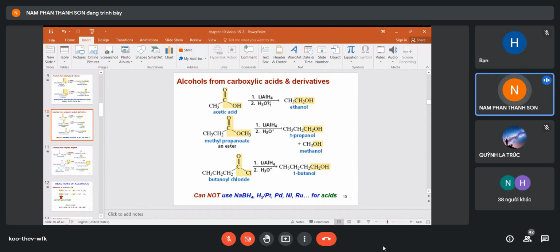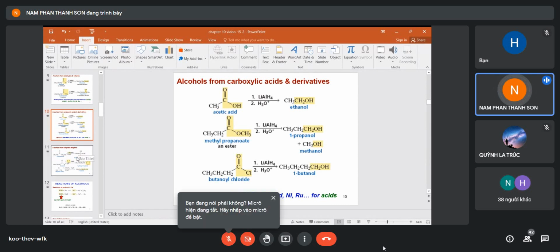Do not use NaBH4 or hydrogen for these compounds. I say again, do not use sodium borohydride or hydrogen to reduce these compounds. Only lithium aluminum hydride. You will see these reactions again many times in your exam, so be careful.